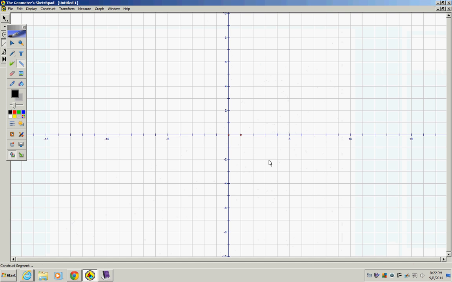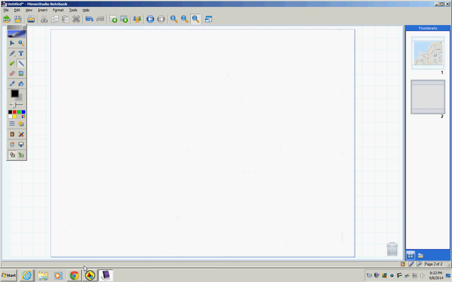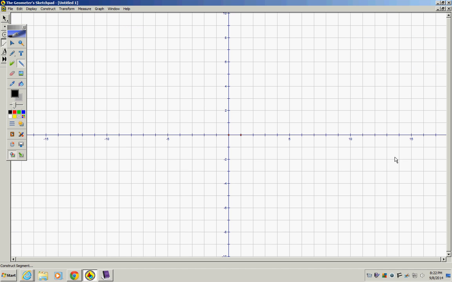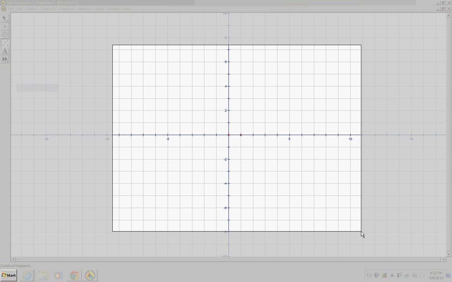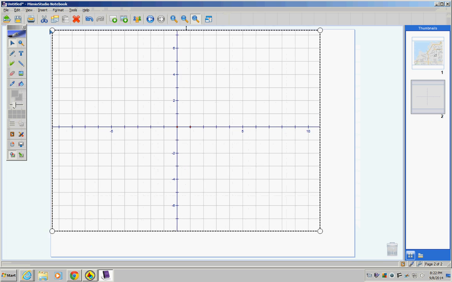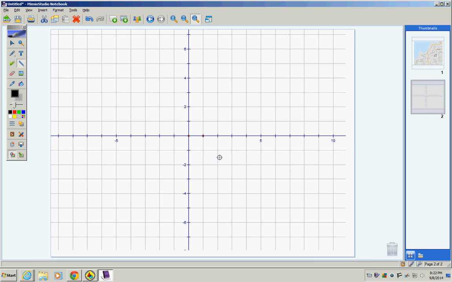I'm going to open up a new page here, and I have a nice grid. I'm going to take a screen clipping of that. Let's make ourselves a nice diagonal line, from here all the way to here.